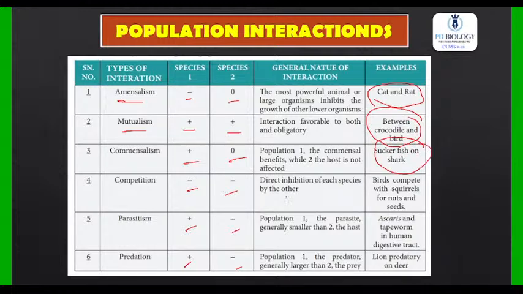Sucker fish and shark, commensalism. Birds compete with squirrels for nuts and seeds, that is competition, both are negative. Parasitism, Ascaris and human, one plus and another minus. Predation, that is lion and deer.